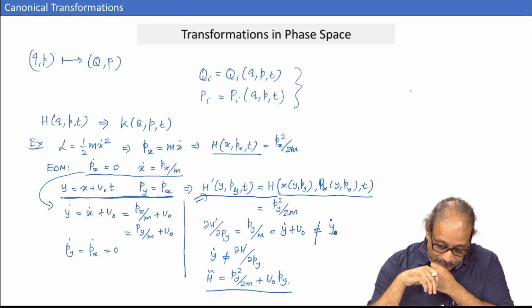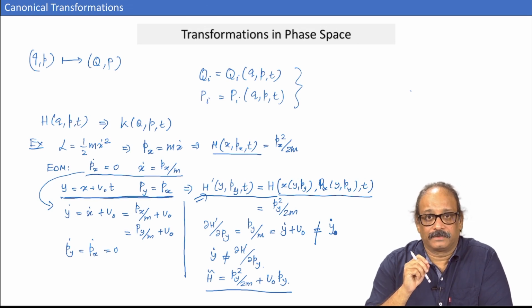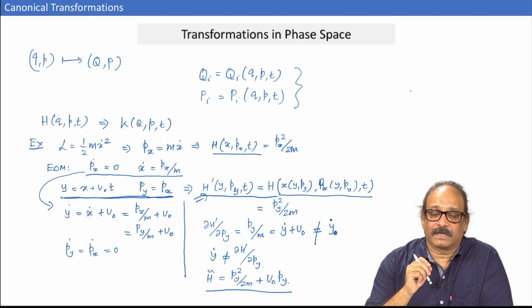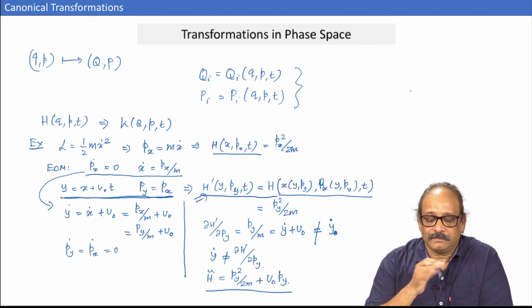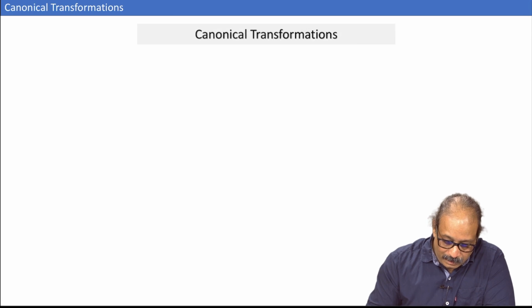So, that means I am looking for specific kinds of transformations, which leave Hamilton's equations unchanged. So, let me define the canonical transformation. Okay.